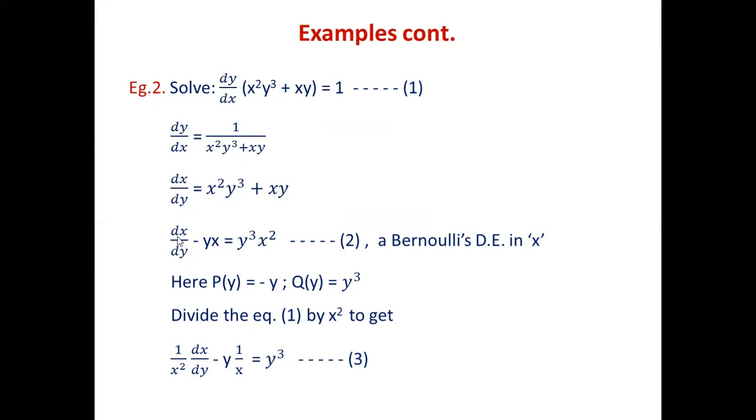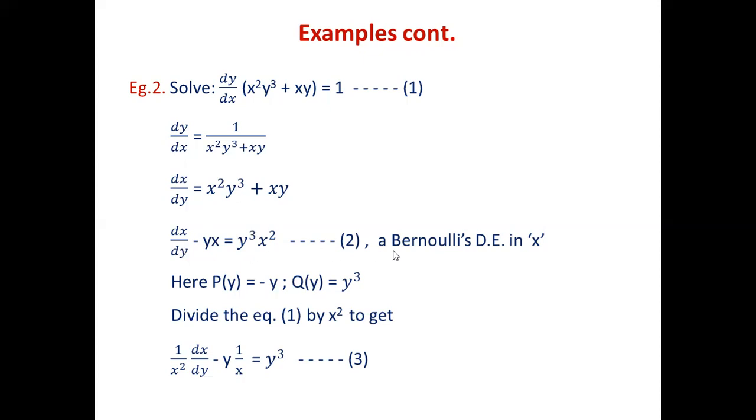In x, this is dx by dy plus function of y into x is equal to function of y into x power n. So you are able to identify p of y, which is minus y, q of y, which is y cube. So how do we solve this Bernoulli's differential equation? By reducing it into a linear equation.